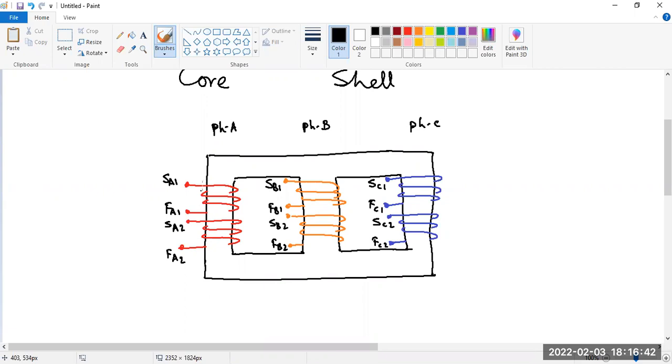So anyway, these are the phase windings. Each phase has two windings each, and their fluxes are also. I will draw you the flux paths. Let me draw in a different ink.